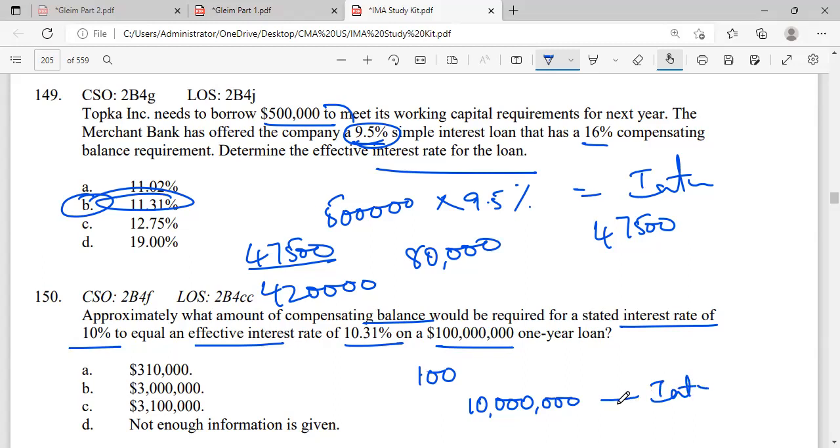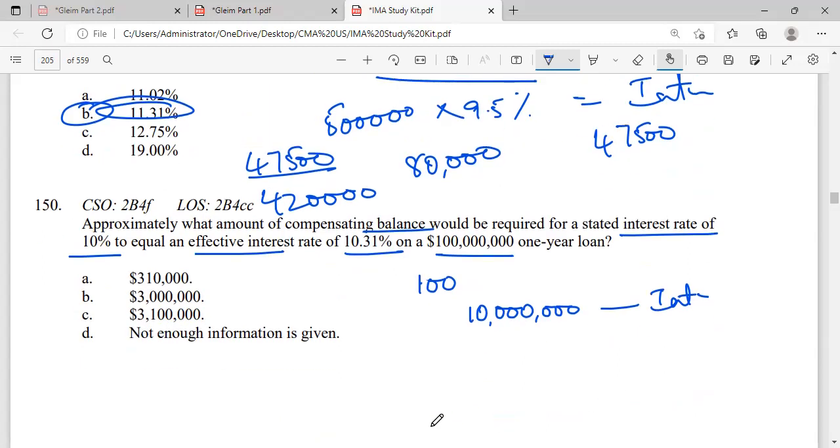Now your interest divided by some amount, suppose X. This amount is nothing but your loan amount minus your compensating balance, which will equal X. This is going to equal 10.31%.